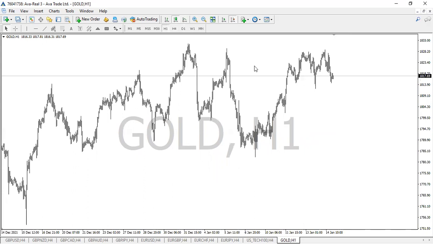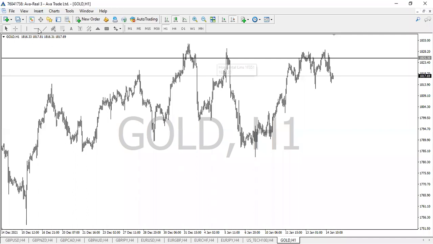I don't necessarily depend on horizontal support and resistance, like normal support and resistance, stuff like this, to say these are my points.